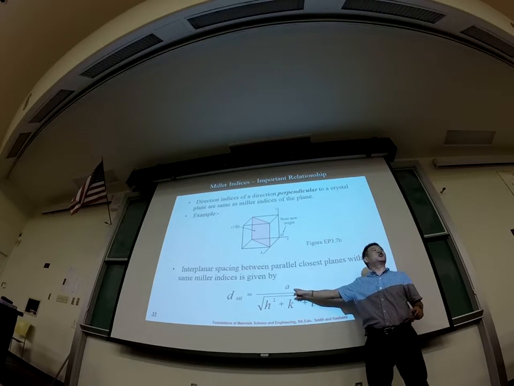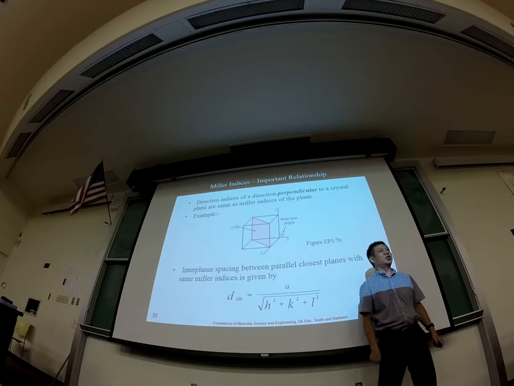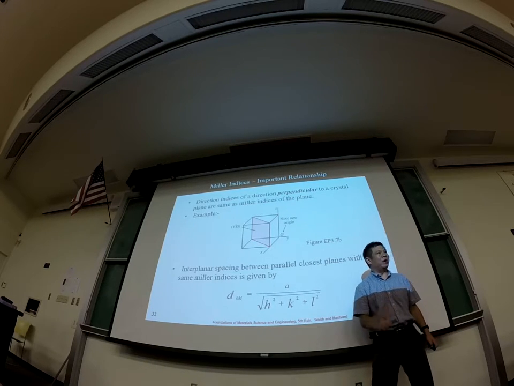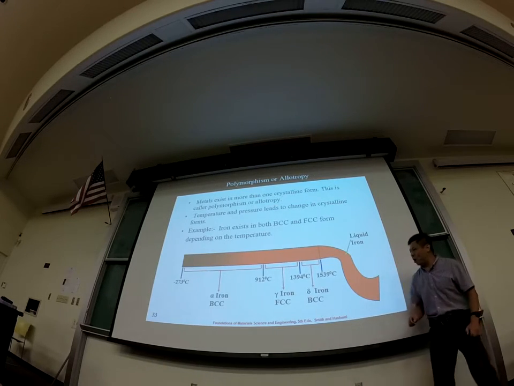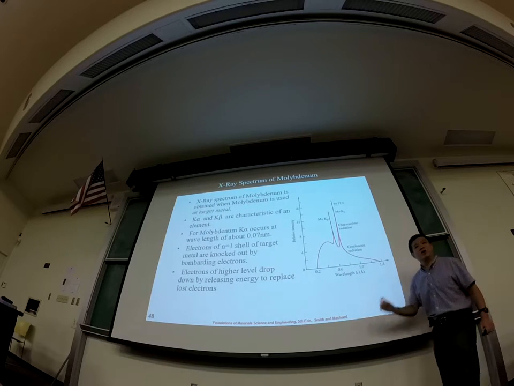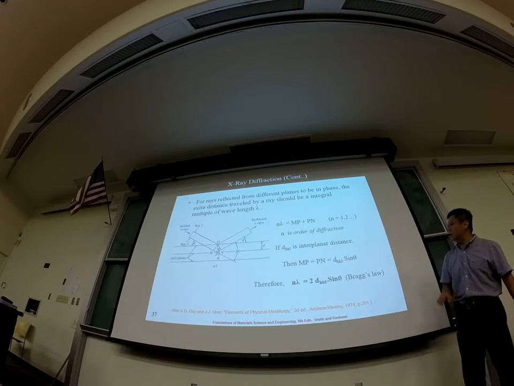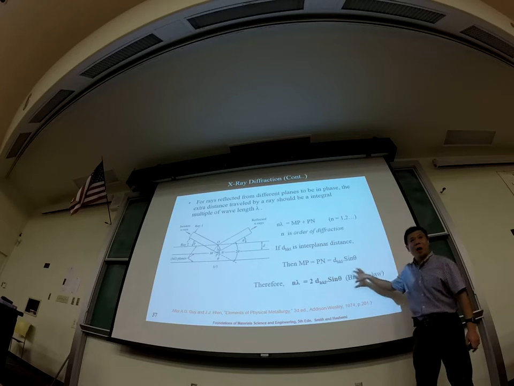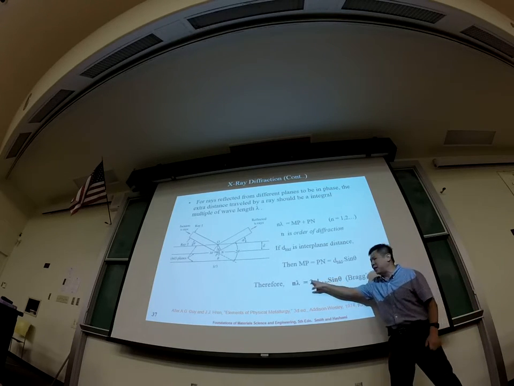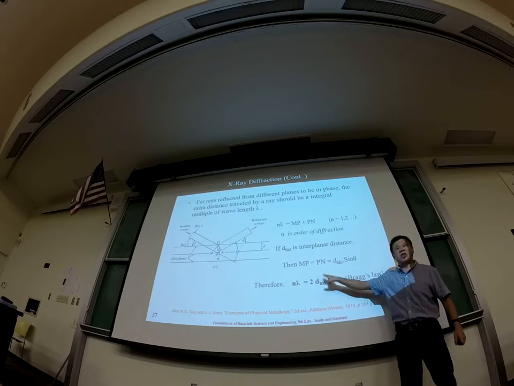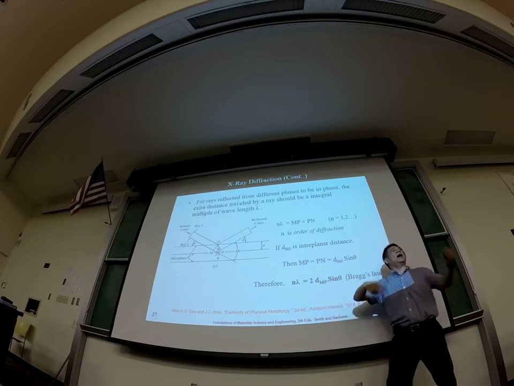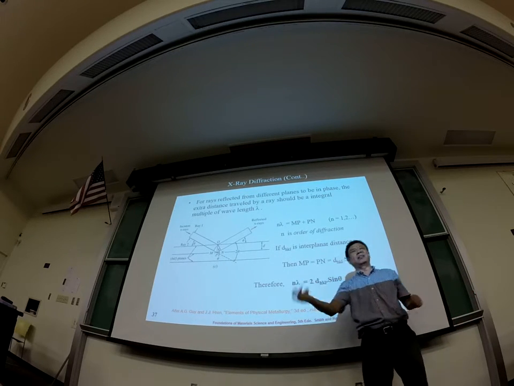We can determine a, the lattice constant. That's usually the way we do it. So if we want to know the crystal structure, we usually use X-rays and Bragg's law to first determine dHKL. Once we know dHKL, we can back-calculate the lattice constants.